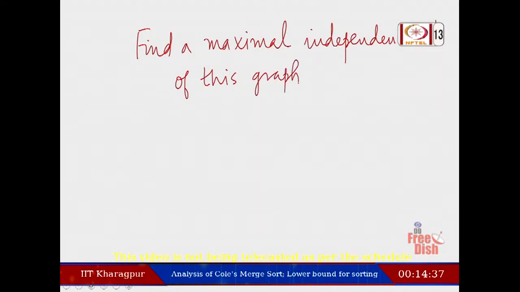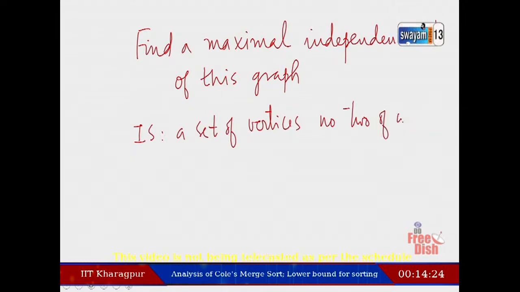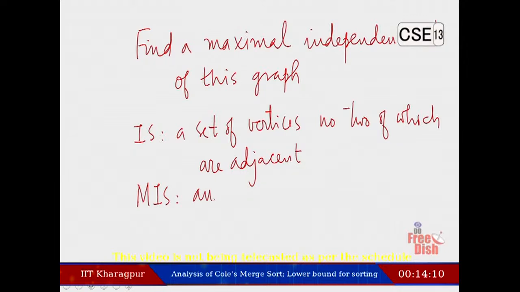An independent set is a set of vertices no two of which are adjacent. A maximal independent set is an independent set that is maximal.